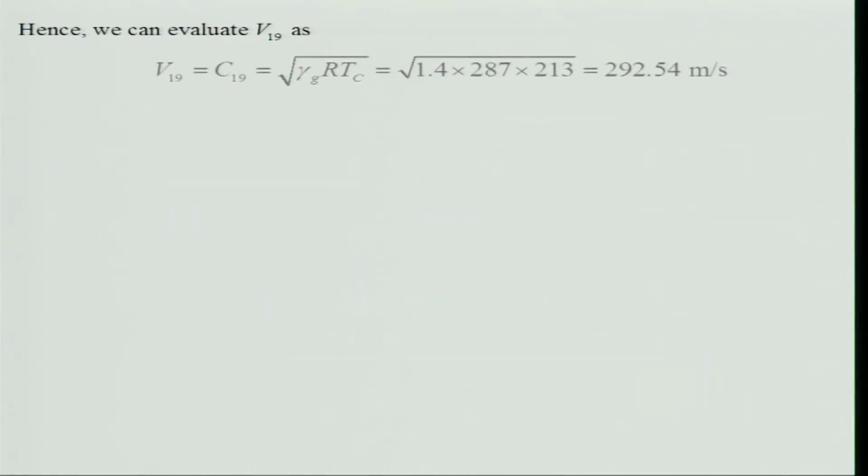Similarly, we can find out V19, which is the same as the speed of sound, and that is again gamma a R T c. You will put 1.4, 287, 213, and that is 292.54. If you substitute these values, you will get it.